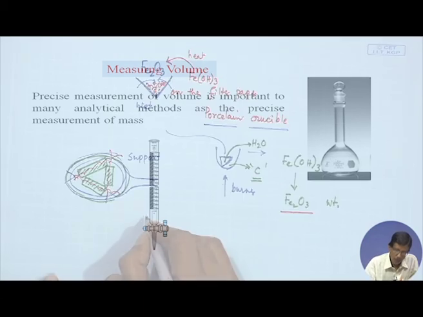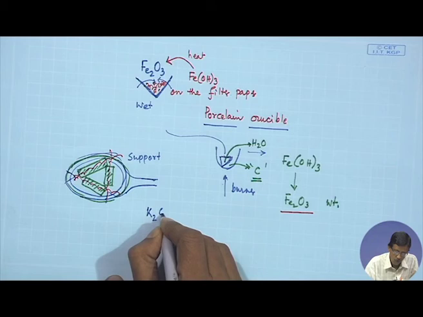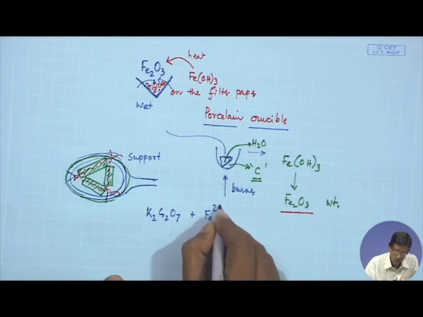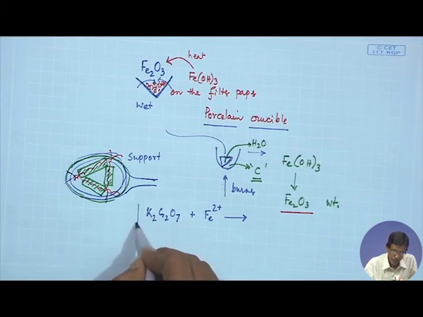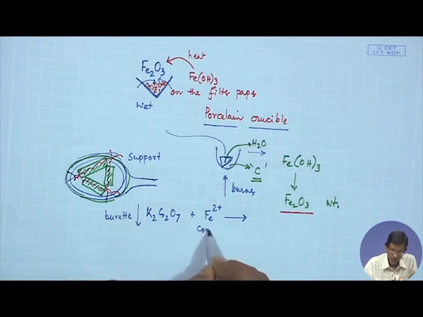Next day we will see how you go for this titration, using K2Cr2O7 for the titration of any unknown solution of Fe2+. This will be taken in the burette, and this will be taken in the conical flask.